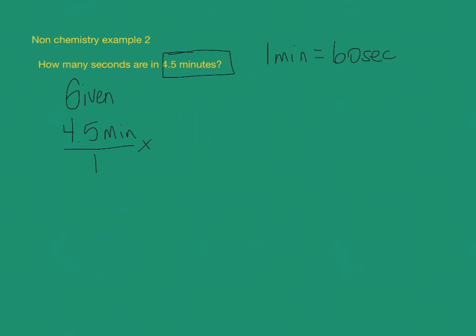Now, I can write this as 1 minute over 60 seconds, or I can write it as 60 seconds over 1 minute, depending on how the units are going to need to be canceled. So if I look here, I have minutes on the top, which means what do I need for units on the bottom of my next fraction of my conversion factor?